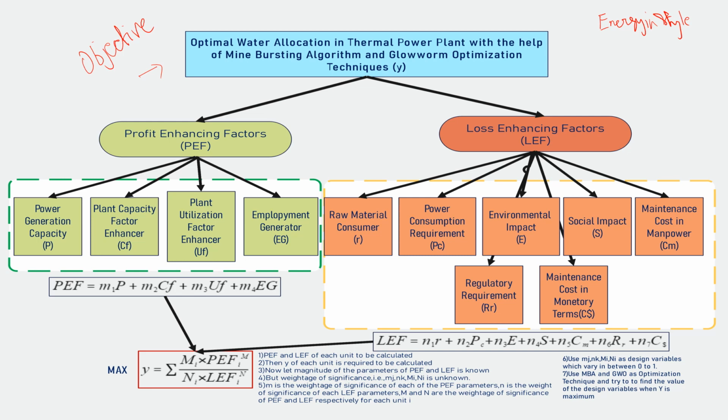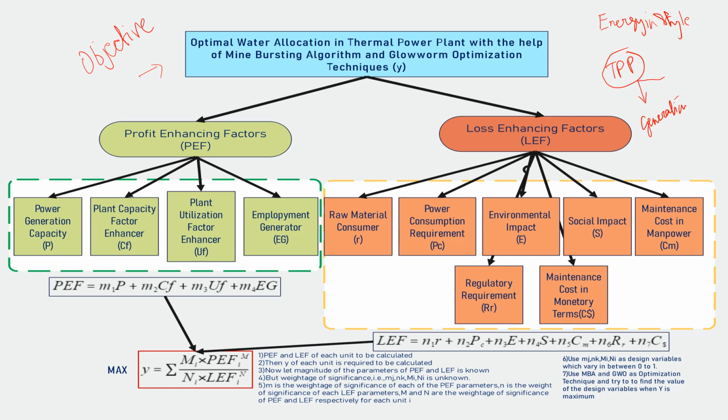So here you see, first of all the thermal power plants consist of different units having different functions. Majority of thermal power plants will have these units. One will be the generation unit, from where the power is generated.